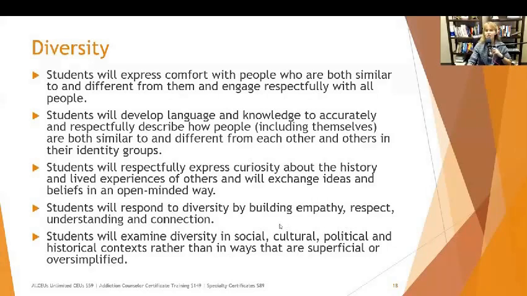Students will respond to diversity by building empathy, respect, understanding, and connection, and will examine diversity in social, cultural, political, and historical contexts, rather than in ways that are superficial or oversimplified. So we want to look at, not just parenting on the surface, but kind of the history of parenting, and, for example, the topic of spanking.